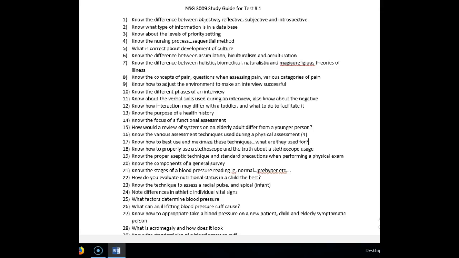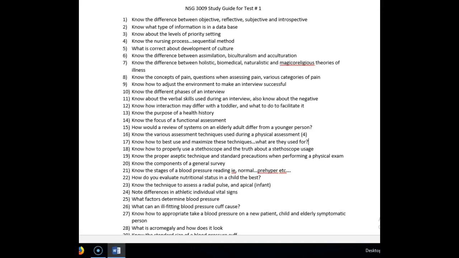As far as categories and different types of pain, I would like for you to know, we know that acute pain is usually due to injury, and it usually heals within 6 months. Chronic pain lasts for longer than 6 months, and it persists after healing has occurred.